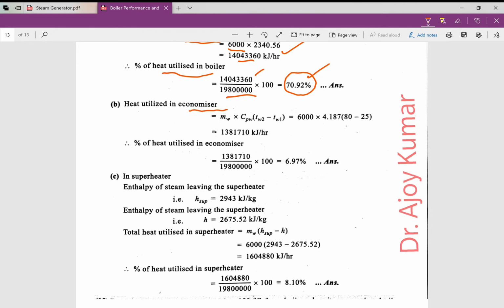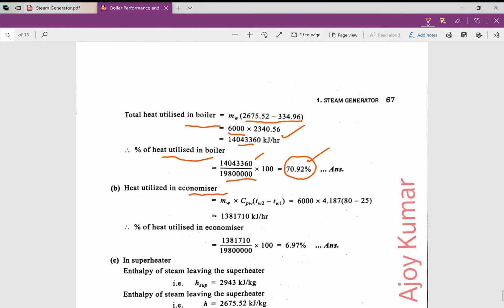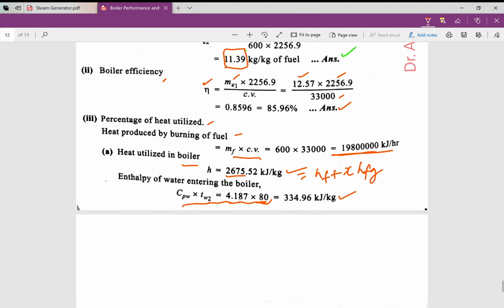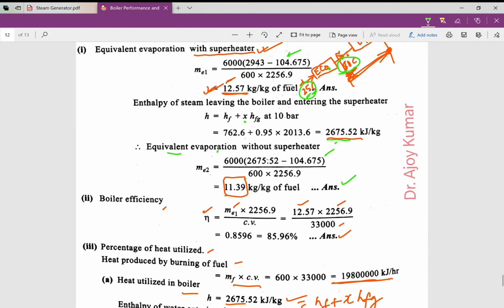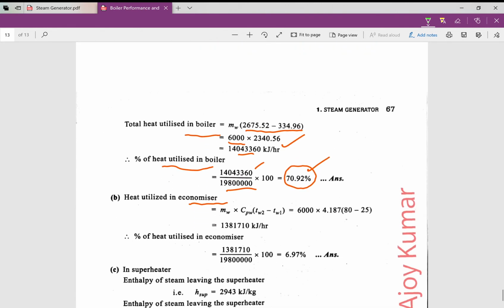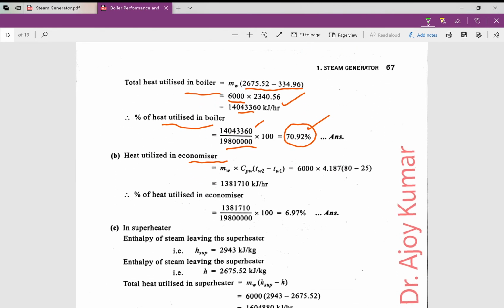So first let us calculate heat utilized in the economizer. At the outlet of the economizer, temperature is 80. At the inlet, temperature is 25 degrees centigrade.